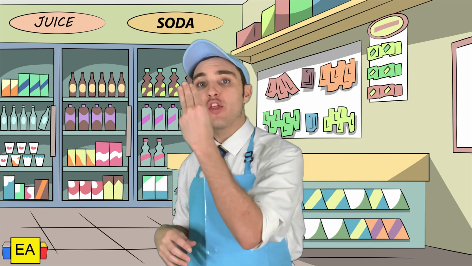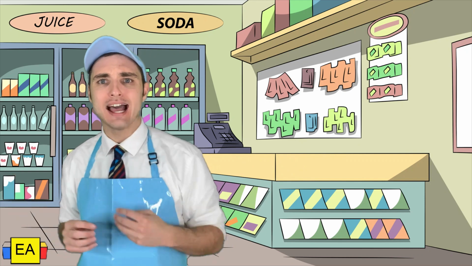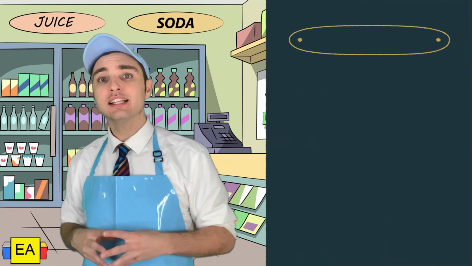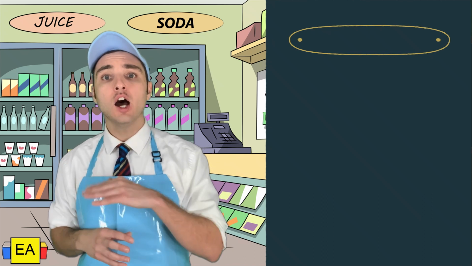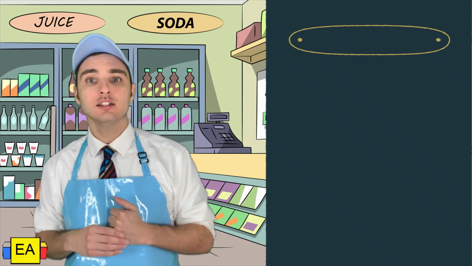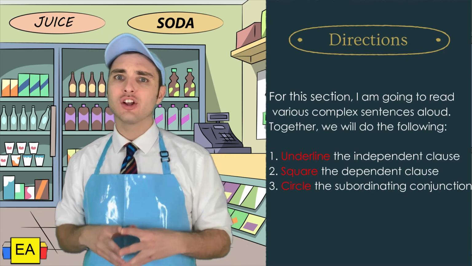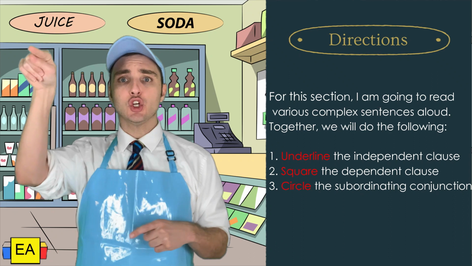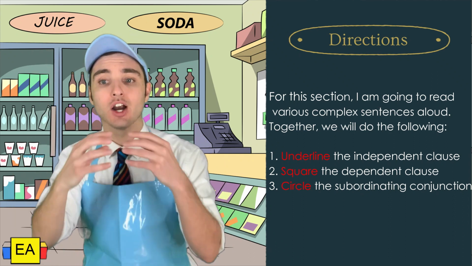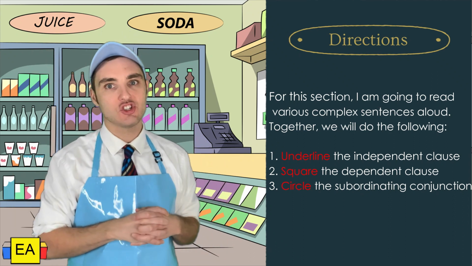And you'll end up doing 3 things on your notes. But what are these 3 tasks? Great question. The first thing that you're going to do is underline the independent clause in each complex sentence. Then you're going to go ahead and square the dependent clause in each sentence.